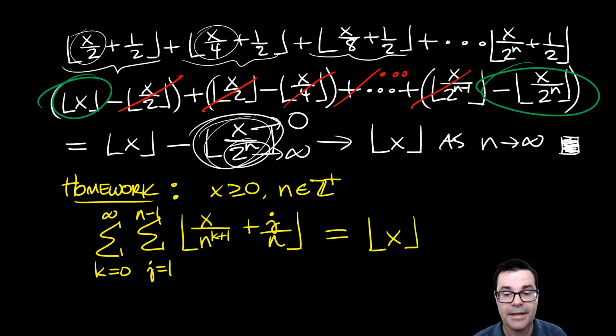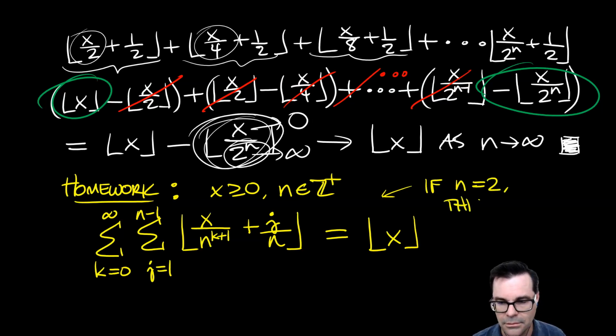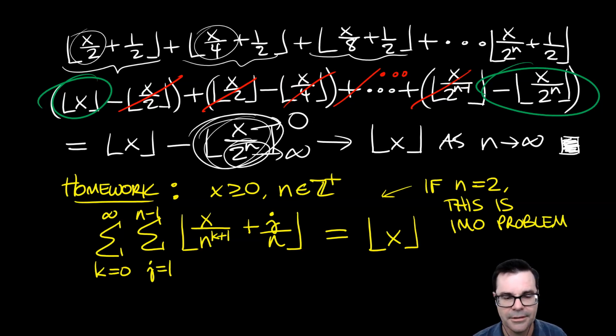So notice that this is exactly the IMO problem, the competition problem, if n is equal to 2. So this is a very interesting result, and it's a generalization of the competition problem.